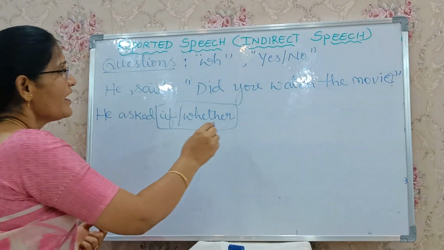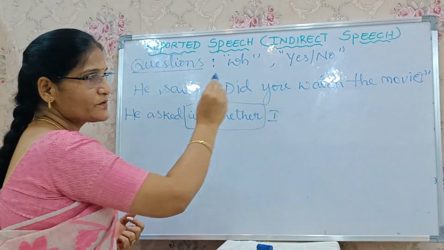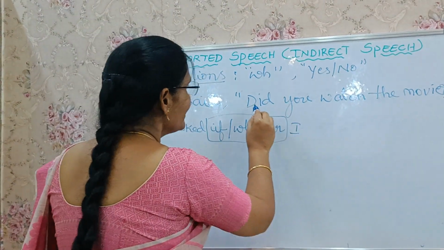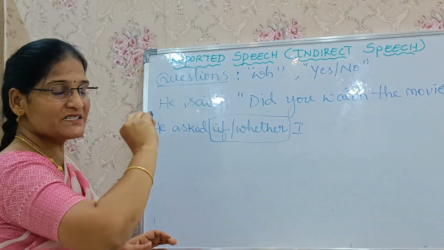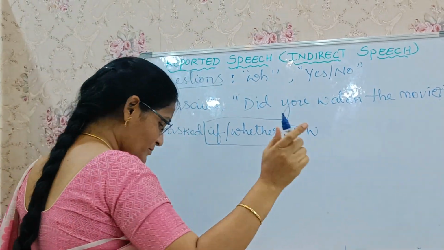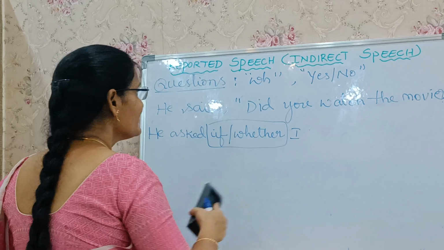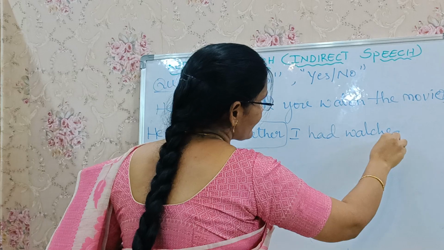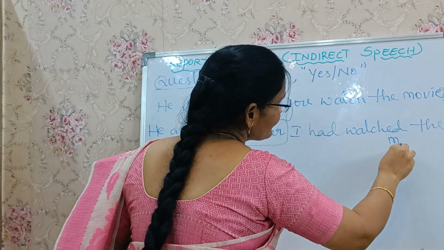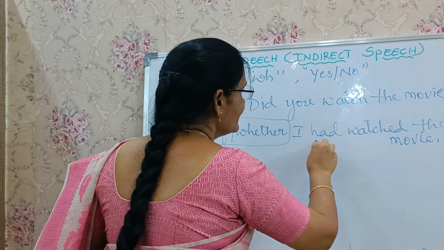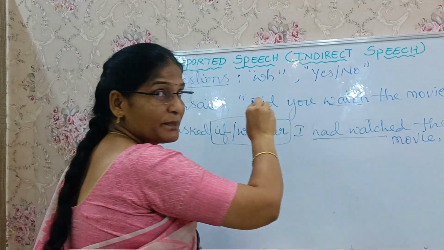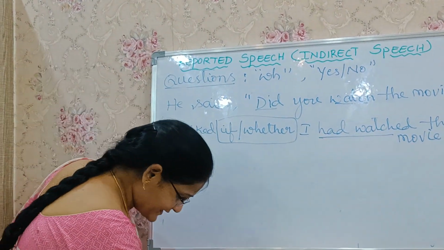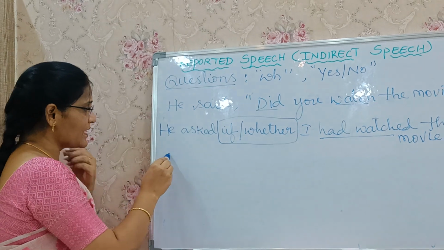He asked if I, or we also, according to the speaker, whomever it is, you can consider. He asked if I. Did watch is the past tense, so you have to change it into past perfect: whether I had watched the movie. See here, did watch is the past. Accordingly, you have to change it to had watched the movie. Next I can give you one more example.